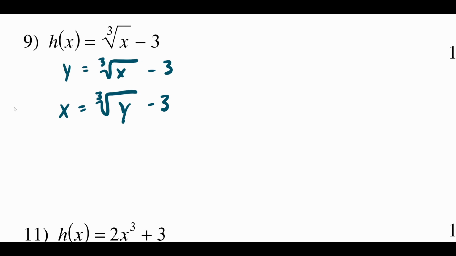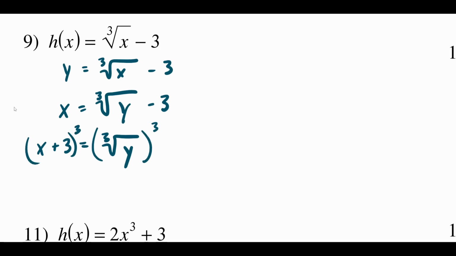So we need to start by adding 3 to both sides. So we get x plus 3 equals the cube root of y. And then, in order to isolate y, we just need to cube both sides. So we get that y is equal to, since the cube root cubed will cancel out, x plus 3 cubed. But I want this in function notation. x was indeed my input, so I'll leave x as is, but y I will now write as the inverse of h of x.